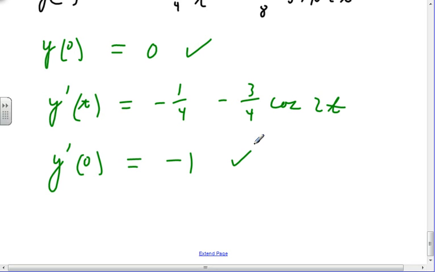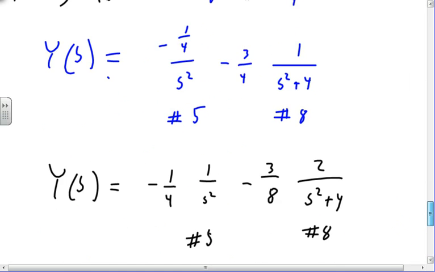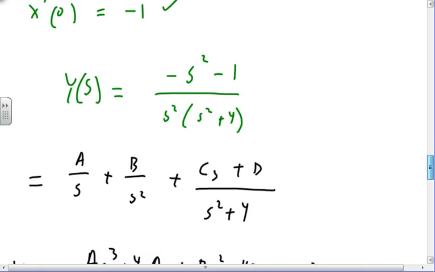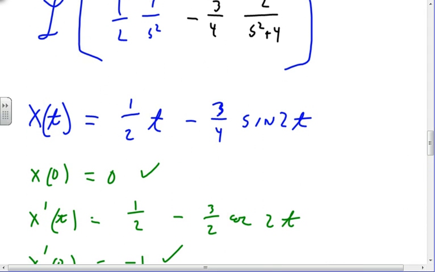Okay, so we're going to take the easy way out and look at the back of the book and see if the back of the book agrees with our glorious answer, and we know it better. Otherwise, we're going to be extremely happy with the grad student that made the answers up in the back of the book, because we know we're right, right? 14. x of t is supposed to be 1/2 t minus 3/4 sine 2t.